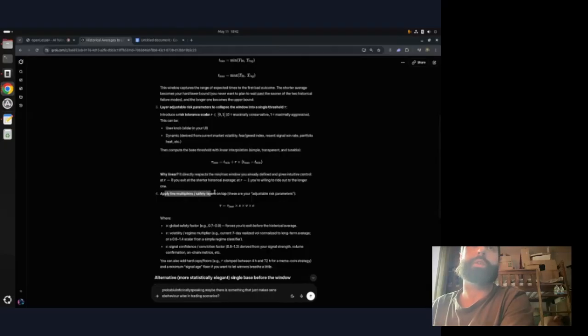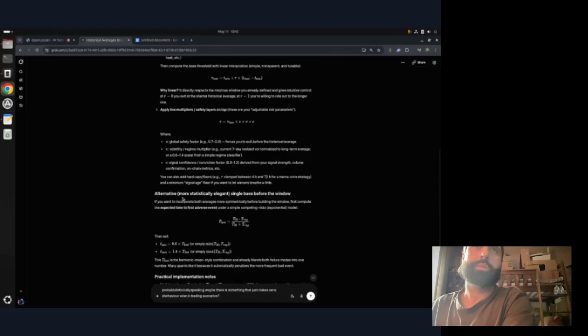Apply live multiplier safety layers on top, just all risk parameters. Okay, so extra parameters like global safety factor, volatility, signal confidence, conviction factor. Yeah. You can also add hard caps and floors. More statistical elegance: a single base before the window, more symmetrically before building the window. First compute the expected time to first adverse event under simple competing risk.